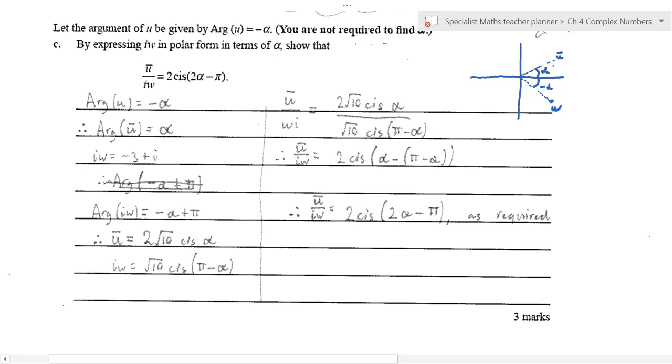Now, from before, from part A, iw is minus 3 plus i, and then the argument of iw is, in this case, minus alpha plus pi. Why is that the case though? It's because if I multiply w by i, then think about what that is.